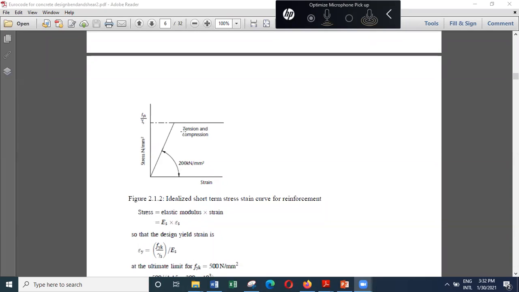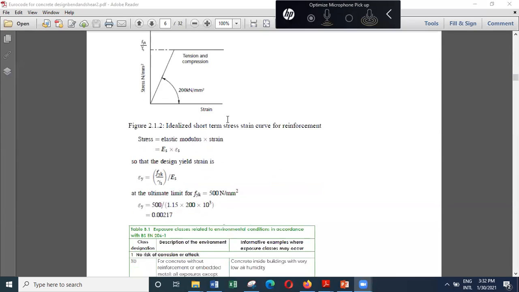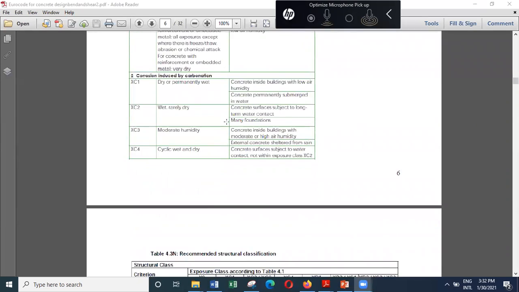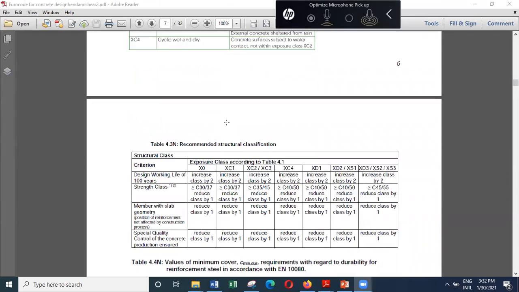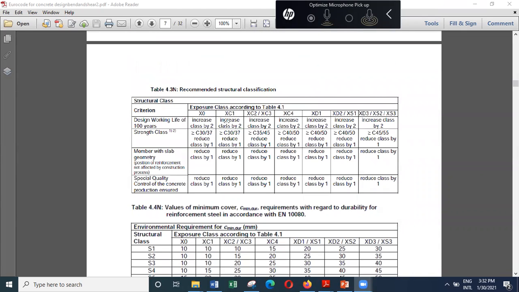The strain in steel is somewhere here, and if the strain in steel is somewhere here, then the steel has already yielded. That means if we apply the ultimate loads, we are going to get good warning before the beam fails, in the form of cracking and deflection. And that's what we like to see.